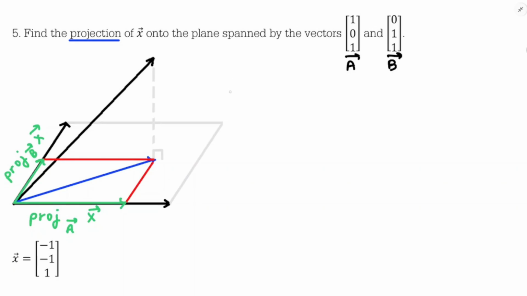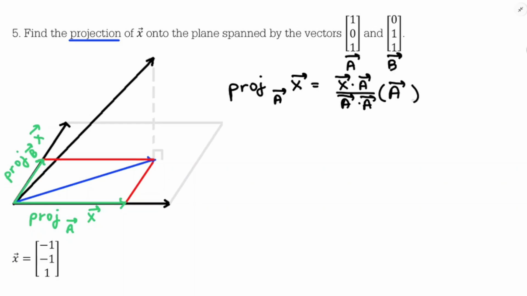So projection of x onto A. Okay, that's going to equal x dotted with A divided by A dotted with A multiplied by vector A. So x dotted with A would be -1 plus 0 plus 1, what?